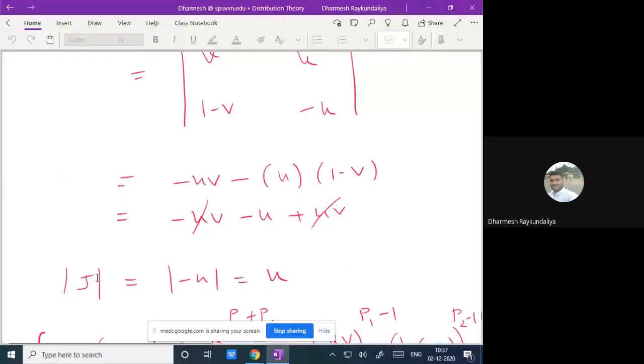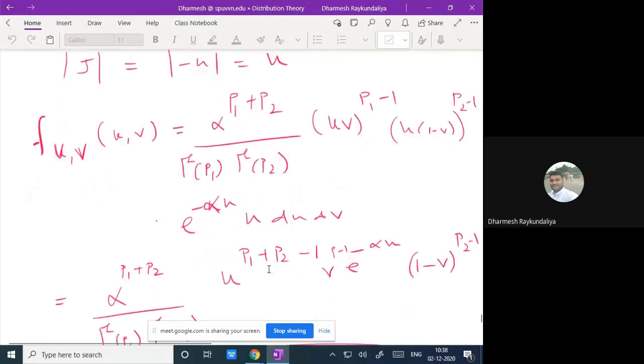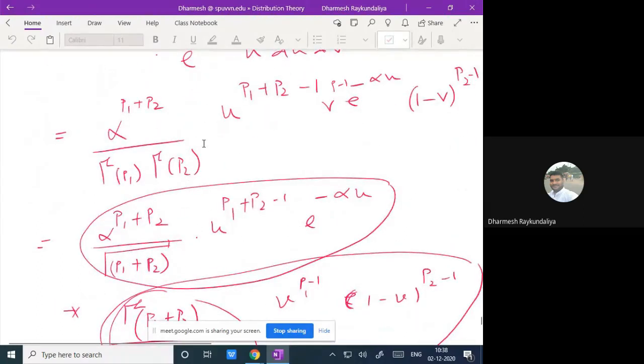So just substitute into the density to find the joint density of u, v. Of course, we have to write the joint density of x1, x2. Wherever there is x1 we replace it by uv, and wherever there is x2 we replace it by u into 1 minus v, multiplied by the Jacobian, that is u, du. So just make a simplification. You can keep all the u terms together and v terms together.